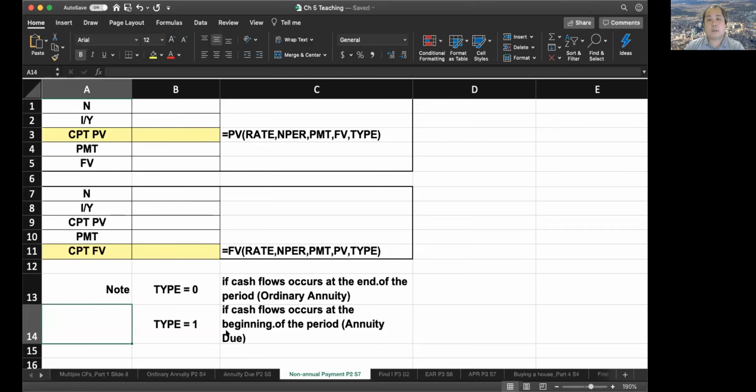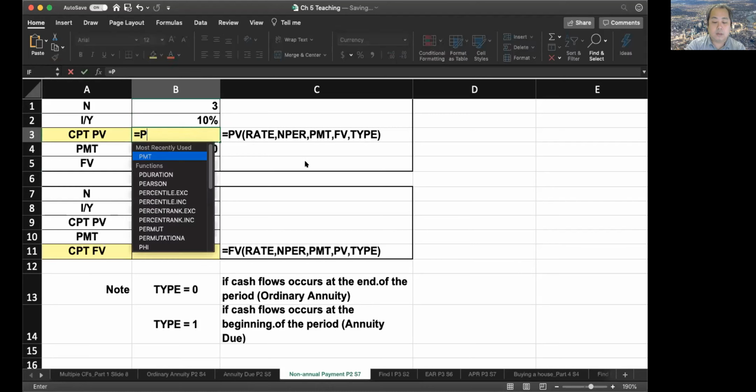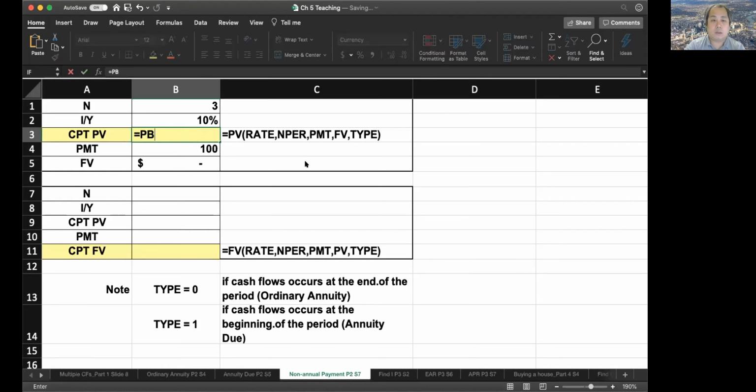Here, this is the Excel expression you're going to use. So n equals 3, I is 10%. When you use Excel, you need to enter the percentage. PMT 100 and future value 0. Then you have PV equals the PV function.